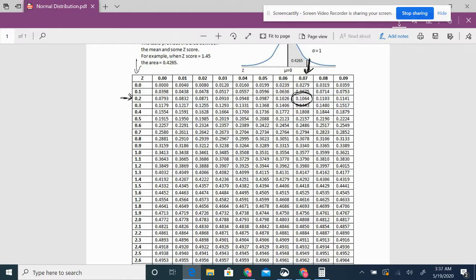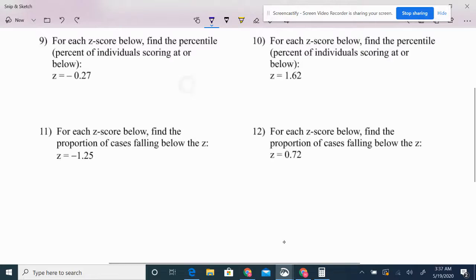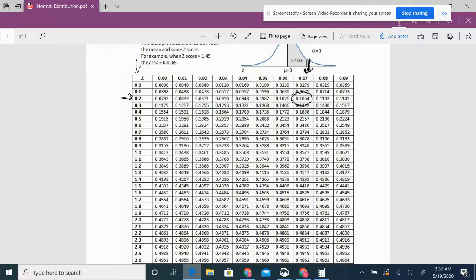So remember that number. The list on the left gave me up to my first decimal place, and the columns on the top give me my second decimal place. So for 0.27, the decimal that it gave me is 0.1064. Let me write that over here, 0.1064.